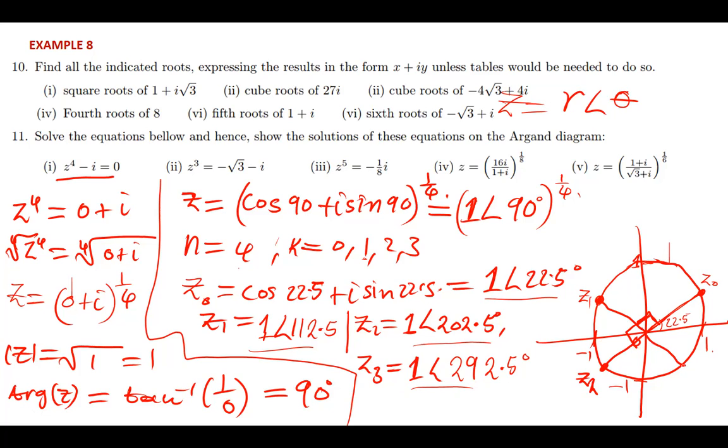So this is what we're going to have there. So this is our Z3. So make sure that the angles between these complex numbers, Z1, Z2, and Z3 are all 90 degrees. It's not always that they are 90 degrees. In other words, let me just say, they are all supposed to be the same. They are not supposed to be different.